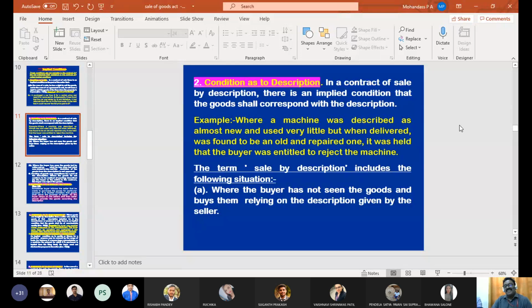Once a seller sells a product by describing certain quality, quantity, purity, then that sold product should correspond to those described features. Otherwise, it is a violation of implied condition as to description.